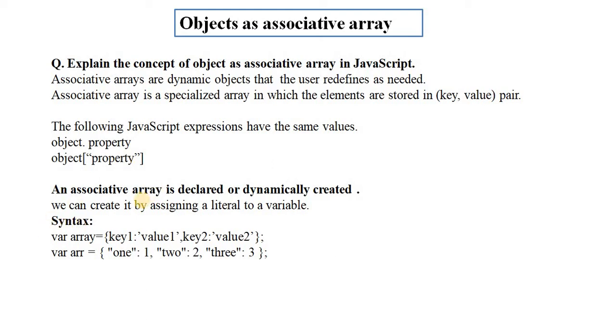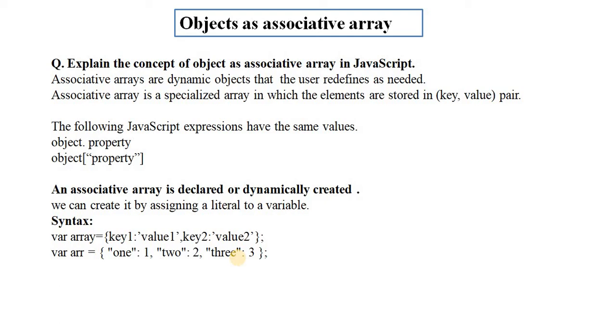An associative array is declared or dynamically created, and we can create it by assigning a literal to a variable. The syntax for this is var array is equal to, in curly braces, key 1 colon value 1, key 2 colon value 2. For example, var array is equal to 1 colon 1, 2 colon 2 and 3 colon 3.